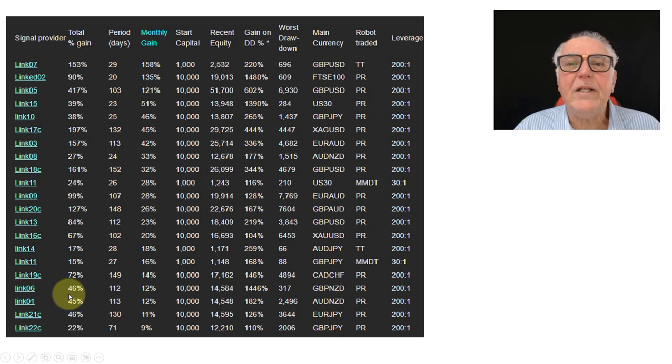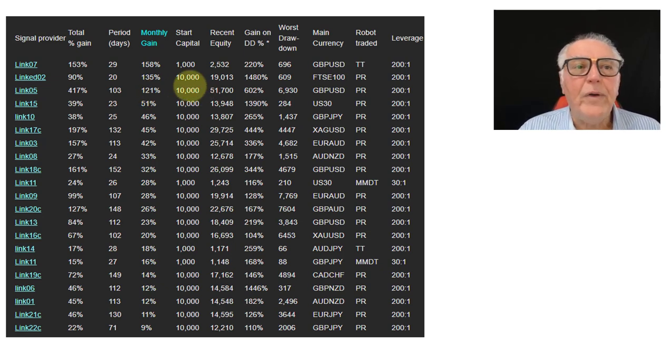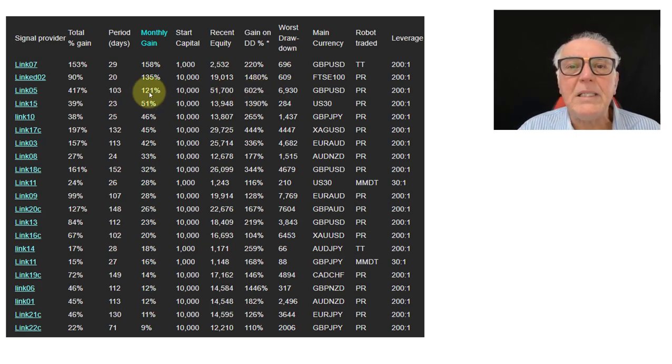Again, if we take those examples that we've just looked at, we look at this example I've looked at before, where this link 05, where the return is 120% a month on a $10,000 account now, but the drawdown is pretty high. So what an experienced trader would do is say, I love the fact that I'm doubling my money every month consistently, and therefore I would like to take part in this, but I'm a bit nervous about this high drawdown.